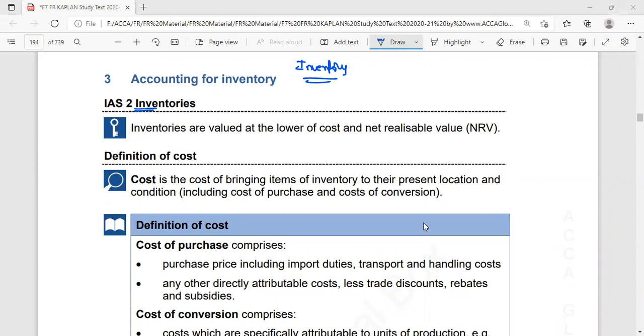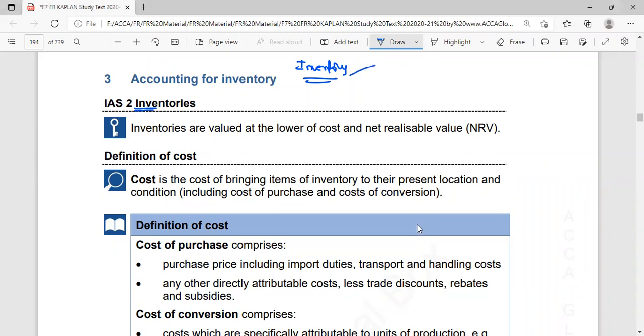But coming to a manufacturing entity, inventory includes assets held for sale in the ordinary course of business, those assets which are in the process of production of the finished product, and those items which are purchased for the process of production.